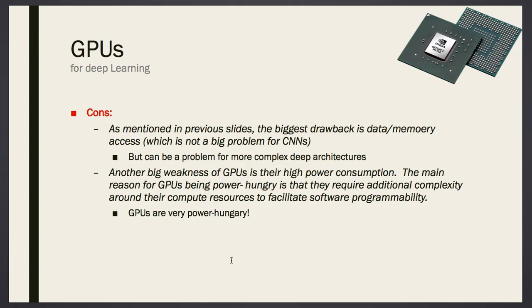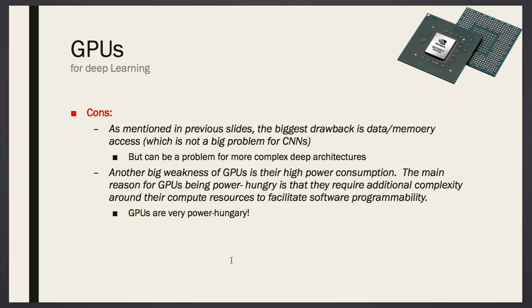Imagine a directed acyclic graph deep neural network where everything is connected to everything like our brain. In that case, those little kernels will have to access many different places, and it will be more difficult to implement the deep neural architecture on a GPU. But simple architectures like UNets, AlexNet, or the encoder networks are a perfect match for GPUs. That's why they have been used widely in the last 10 years.